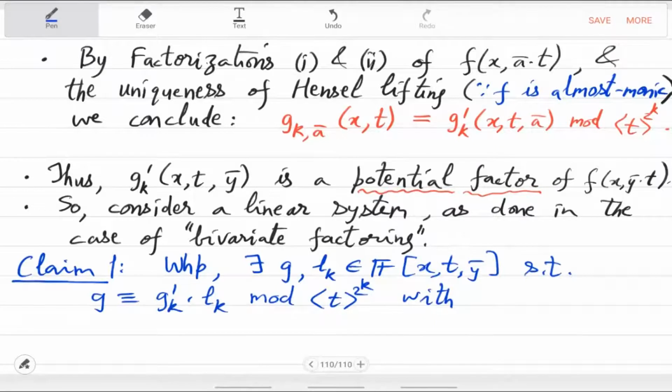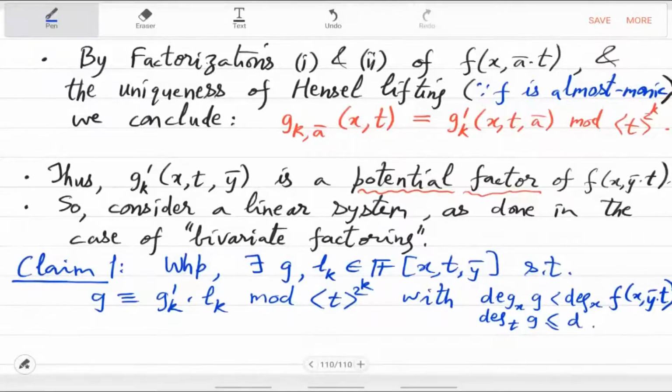Okay, so what is that? For g, the degree restriction is that the degree of g with respect to x is smaller than that of f, and the degree with respect to t is at most d.